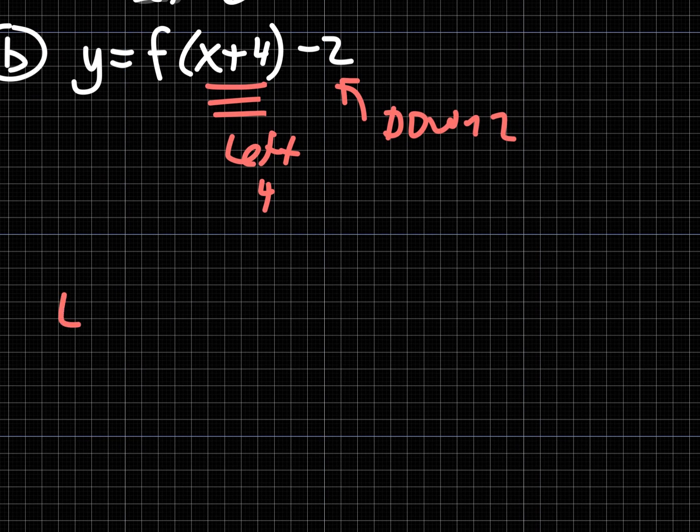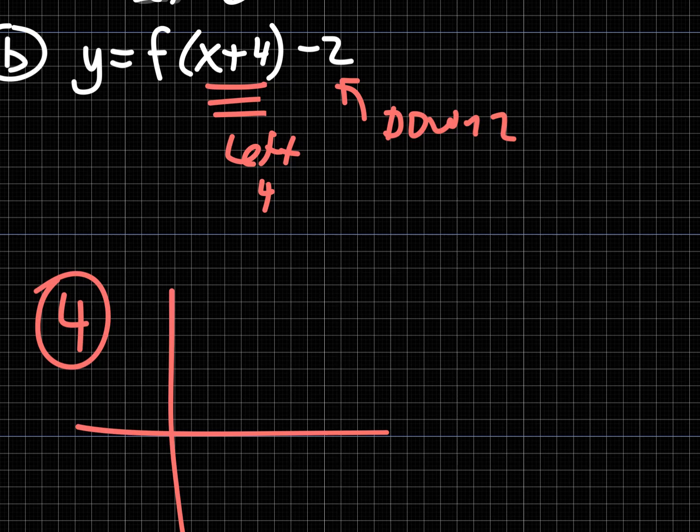Number 4 has these pictures, and then they ask you to do something to it. So they got this little lightning bolt thing. Let me see the question. It says to write an expression, function notation for the transformation shown in A and B. Oh, okay.